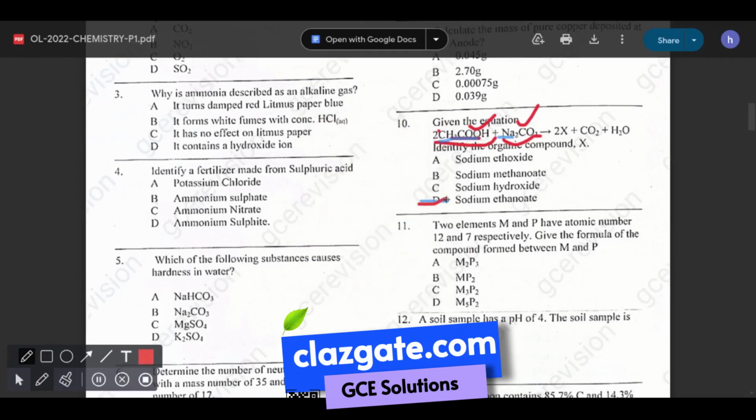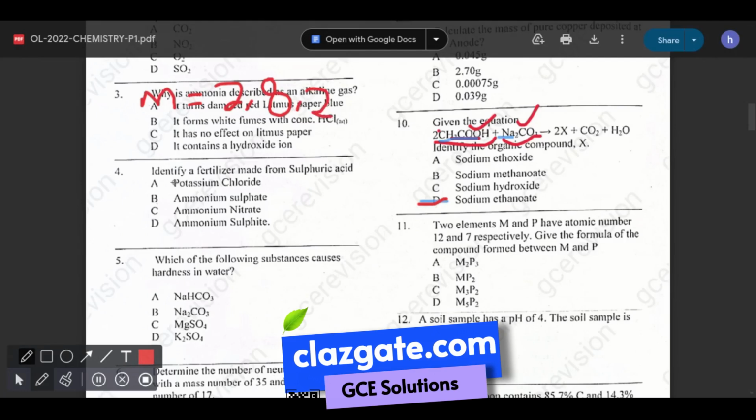Sodium ethanoate. Question number 11. Two elements M and P have atomic number 12 and 7 respectively. Give the formula of the compound formed between M and P. For M, the electronic configuration for atomic number 12 is 2 electrons on the first shell, 8 electrons on the second shell, and then 2 electrons on its last shell.